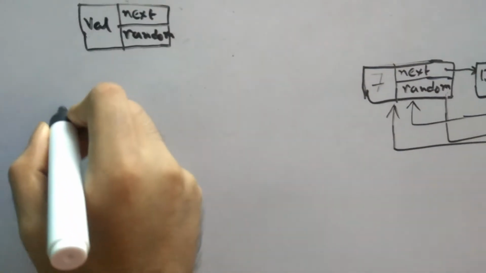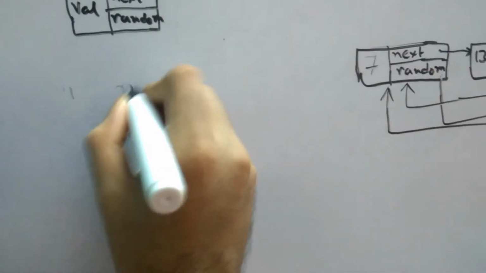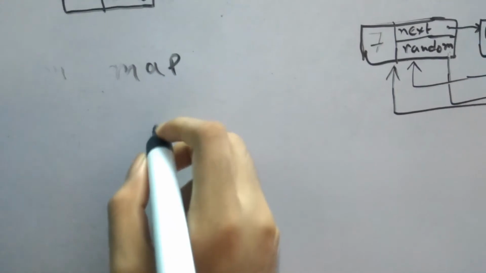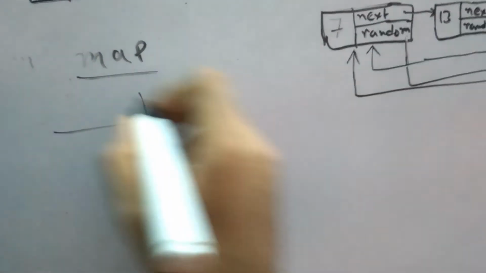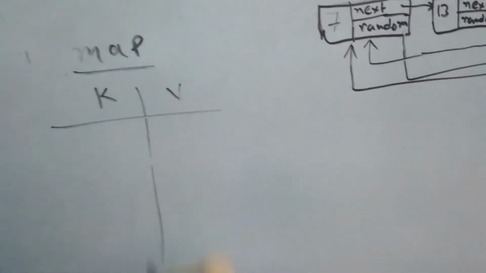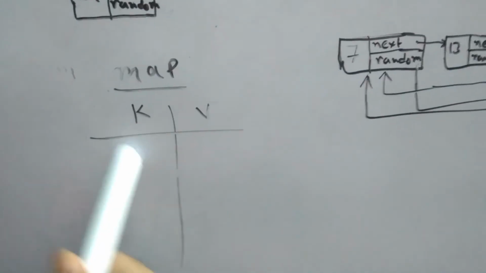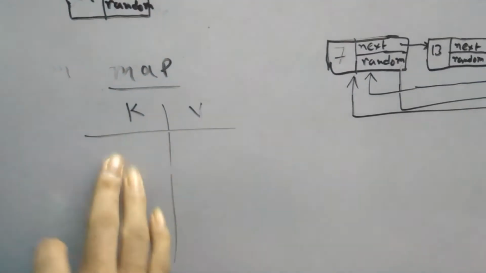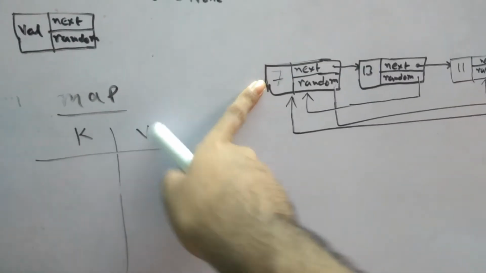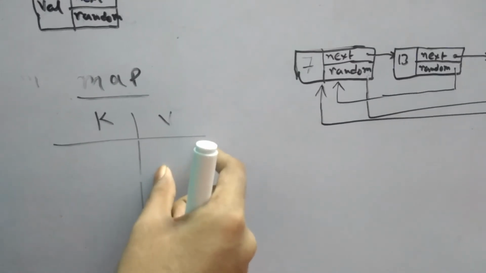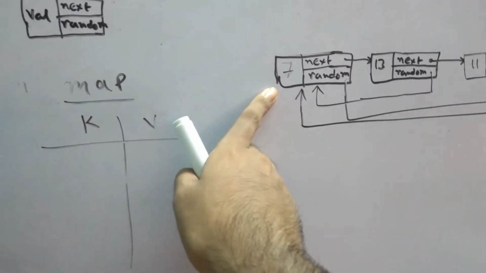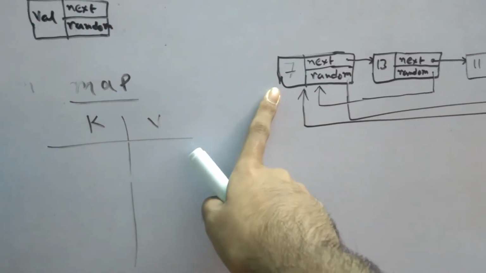We will be using a hash map, or Python dictionary, with a key and a value. Our key will be the nodes from this list, and our value will be the newly generated node, which will have the same value as the node given in the input.